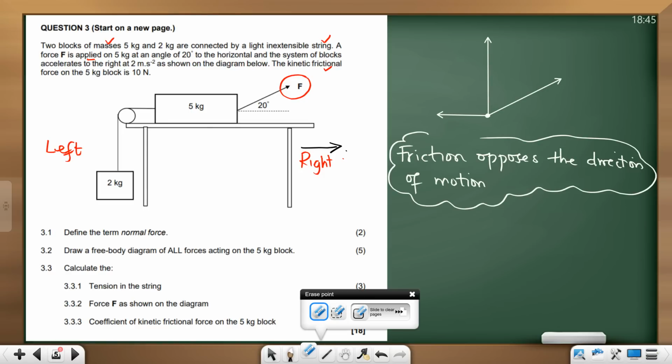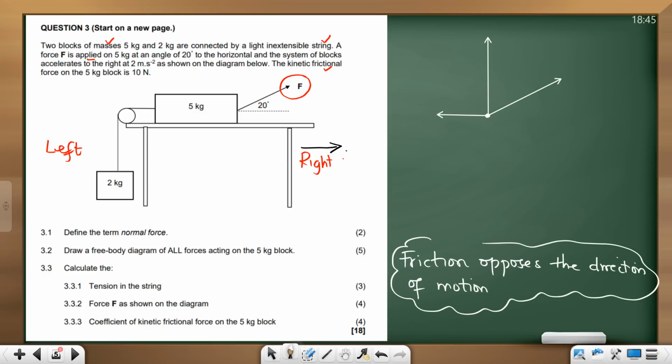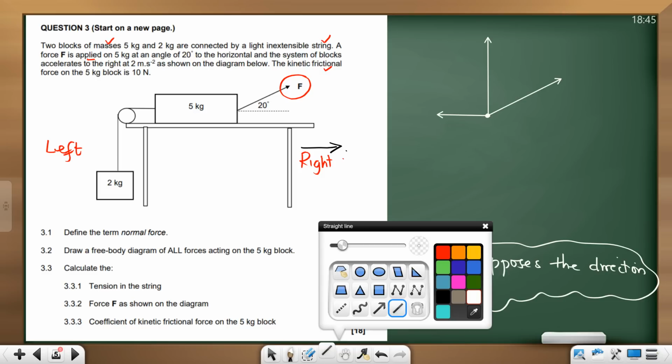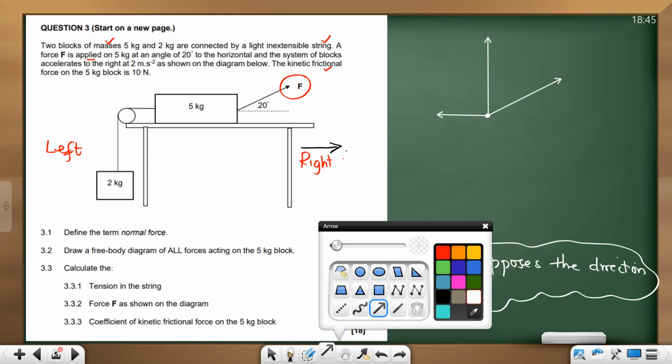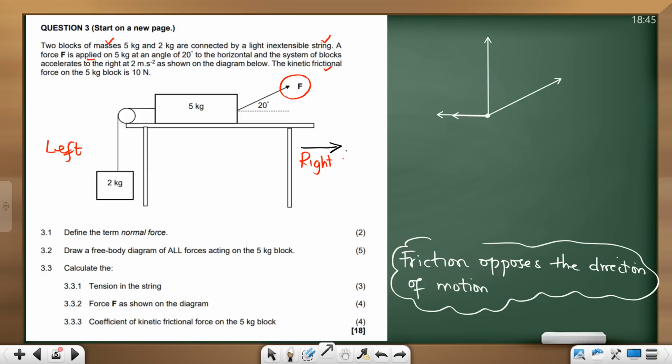Trust me. But awesome. Okay, can we then finish our free body diagram? So we dealt with that because of friction, right? Where's friction now in this case? Friction is to the left. Why is it to the left? Because of the direction of motion. And please don't do this because you want space.